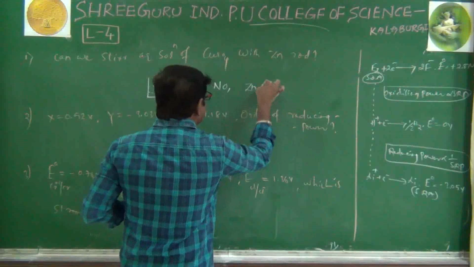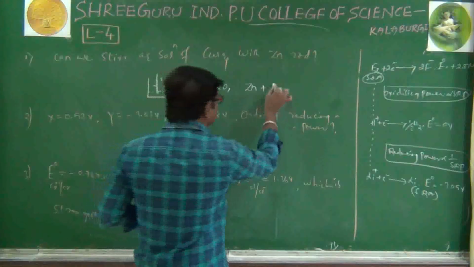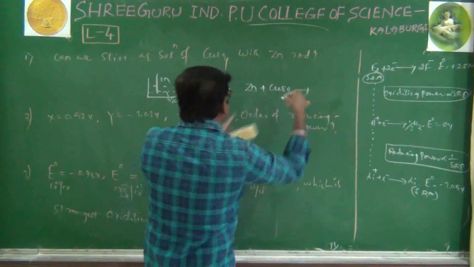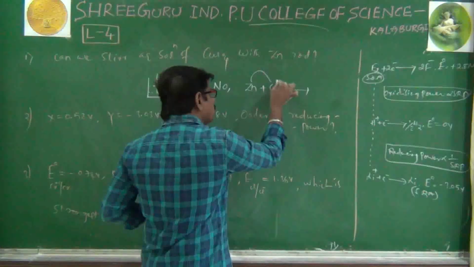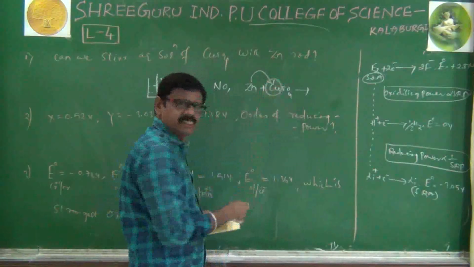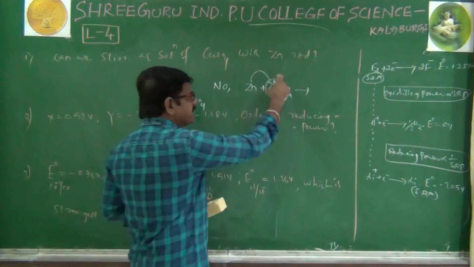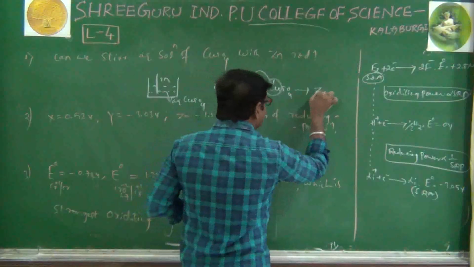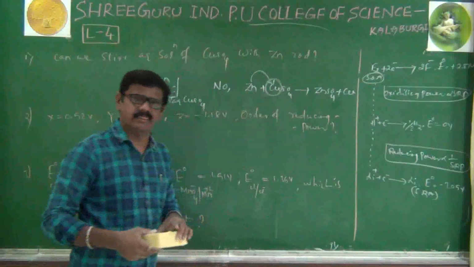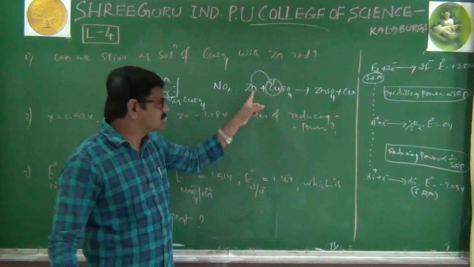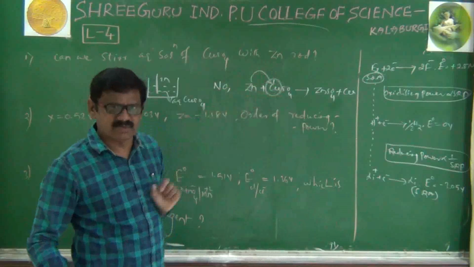When a zinc rod is used to stir the copper sulfate solution, zinc, having a lower SRP value, displaces copper, which has a higher SRP. Zinc comes and displaces copper, converting to zinc sulfate, and copper comes out. That's why zinc is not used to stir copper sulfate solution.